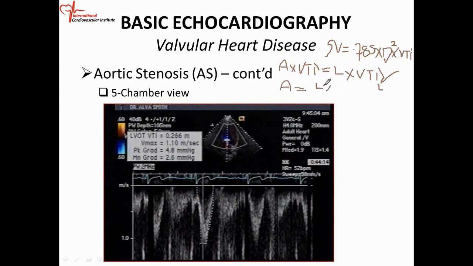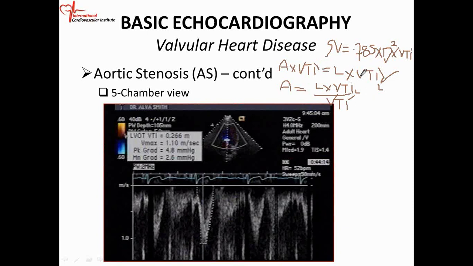Flow across the left ventricular outflow tract, divided by the VTI across the aortic valve. And this VTI is VTIL across the left ventricular outflow tract.